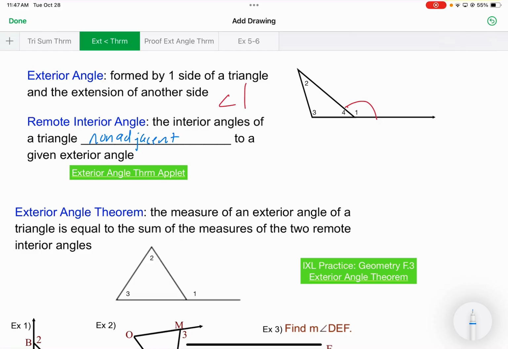For example, if I have my exterior angle as angle 1, what would be my two remote interior angles? What would be my two interior angles that are not connected to the exterior angle, angle 1? 2 and 3, good. So we would say angle 2 and angle 3. Those would be my remote interior angles.